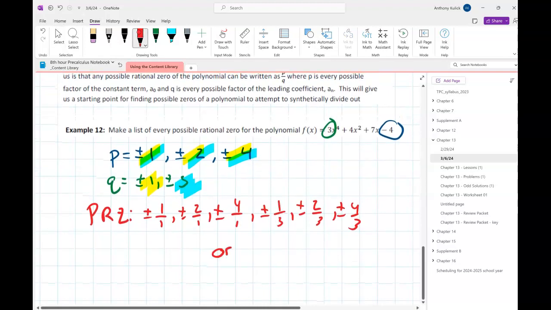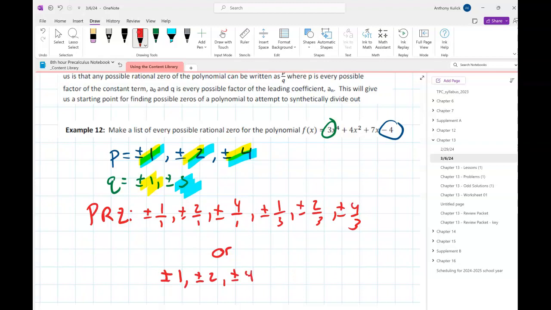Alternatively, I'd also allow you to write your list this way, just for the sake of quickness. That's way faster than writing out 36 possibilities. That's way easier, right?